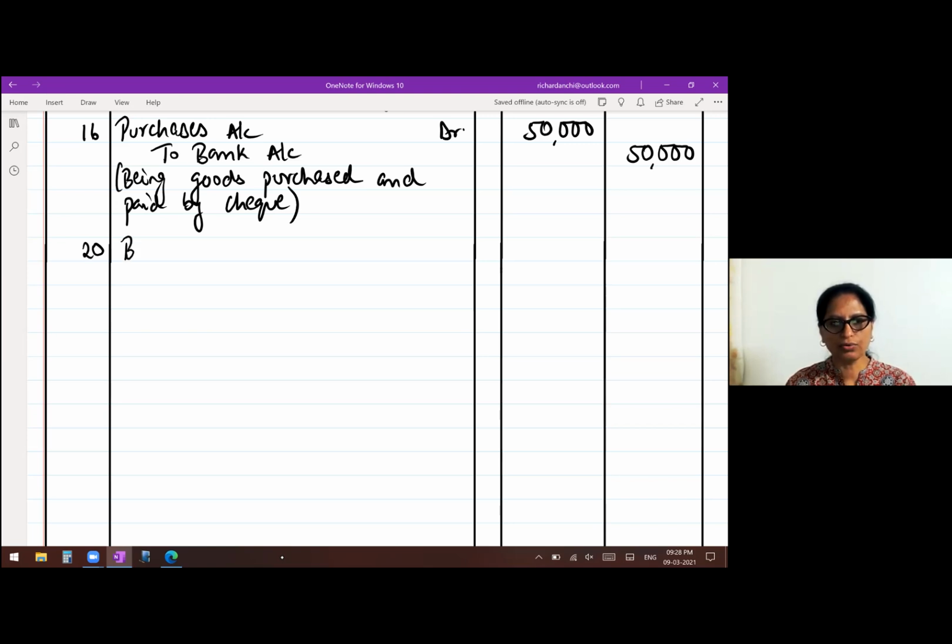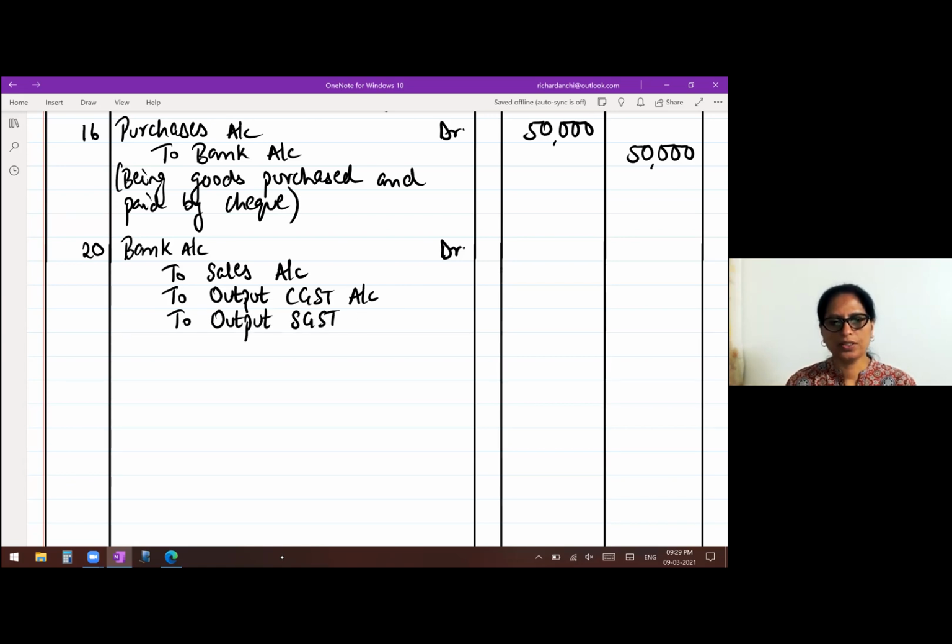So bank account debit, bank is the receiver, bank account debit to sales account, sales income to output CGST account and to output SGST account.